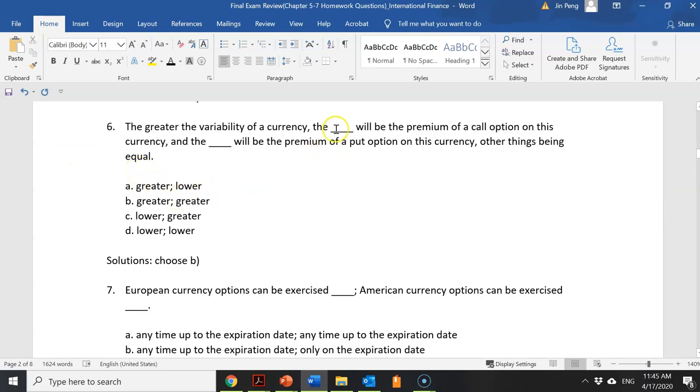Okay, so we should choose option B because the greater the variability of the currency, the premium of calls and puts will both be higher. Okay, because there's a higher chance that the strike price will be very different from the spot price. So you have a space for making profits.